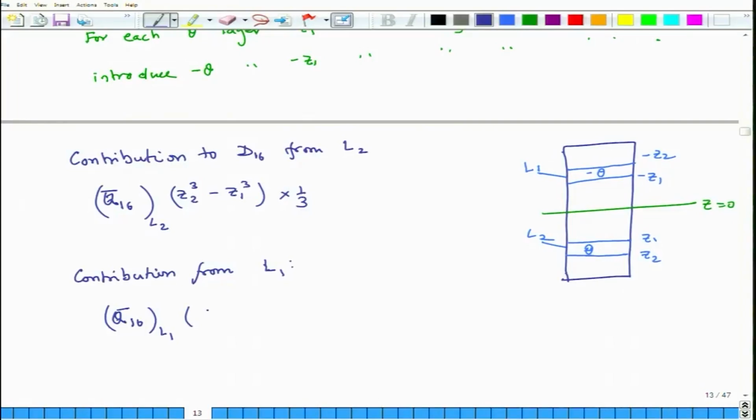So, that means it is Z2 cube minus Z1 cube into 1 by 3, okay.